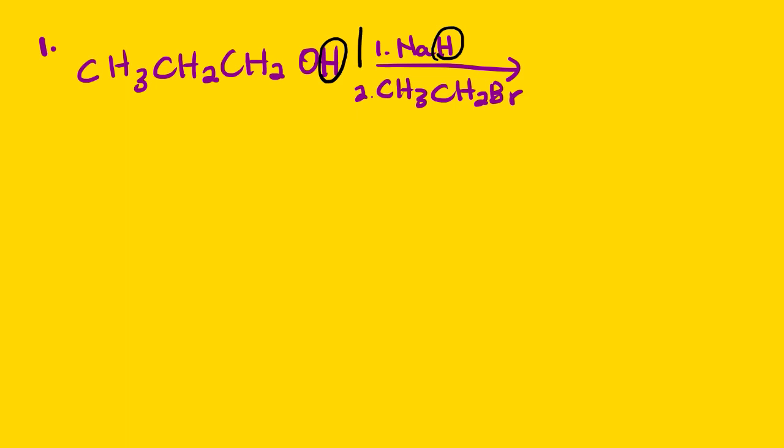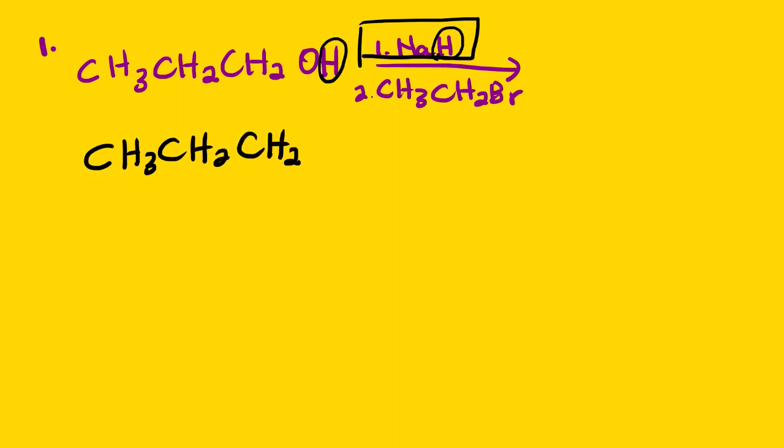I'm going to use black for the first reaction. So the product of the first reaction, we are going to get CH3CH2CH2, and then we only have oxygen. We no longer have this hydrogen. The oxygen will be negatively charged, and we are left with our sodium ion, which will be positive.